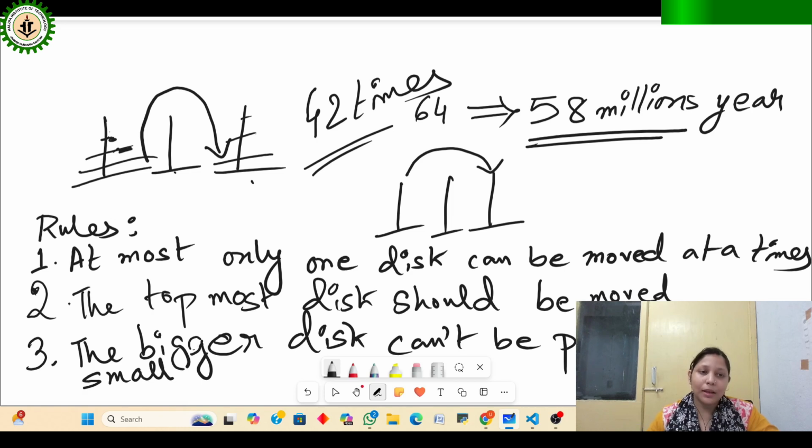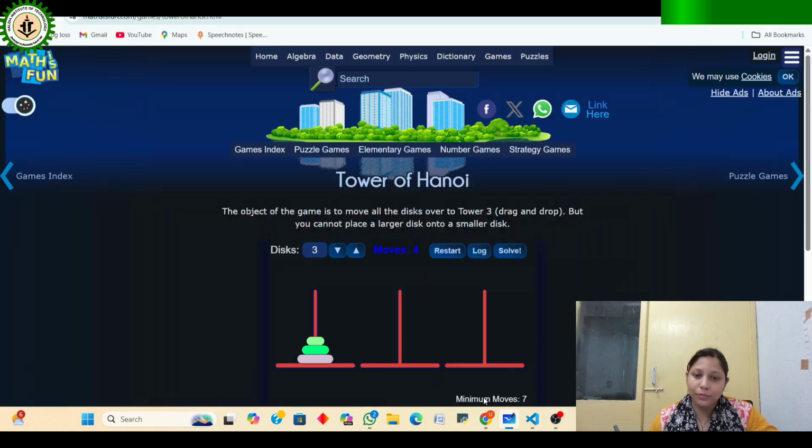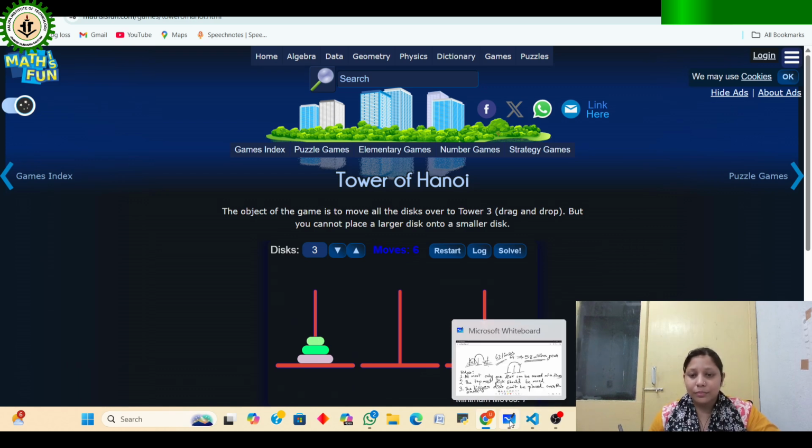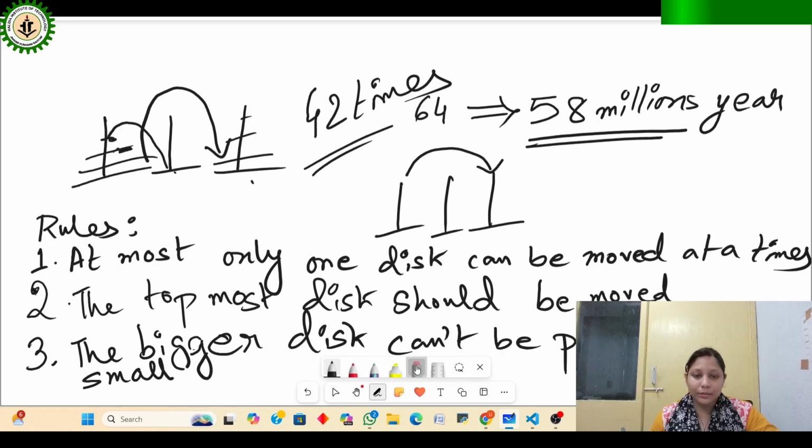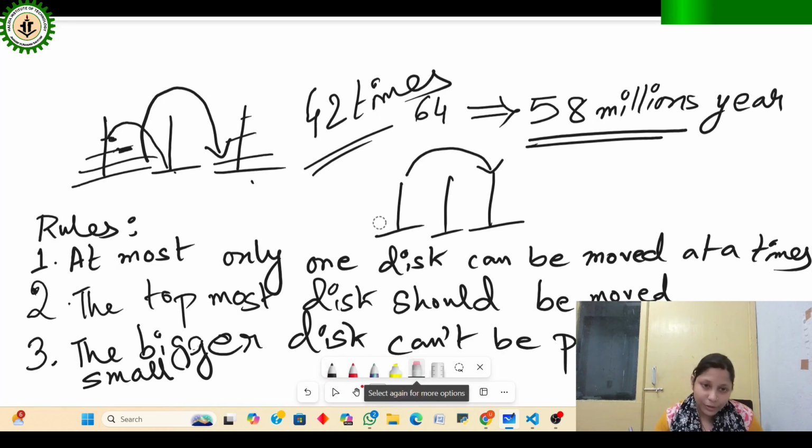That means if you are trying to move like this and you place this one here, it will not be allowed. Now let's move to the steps.